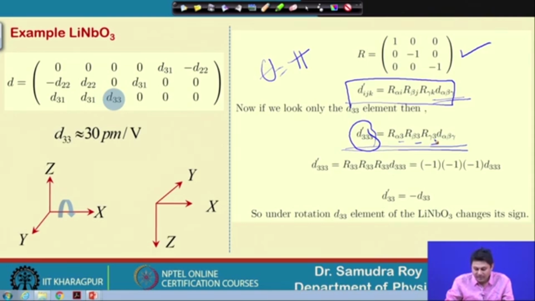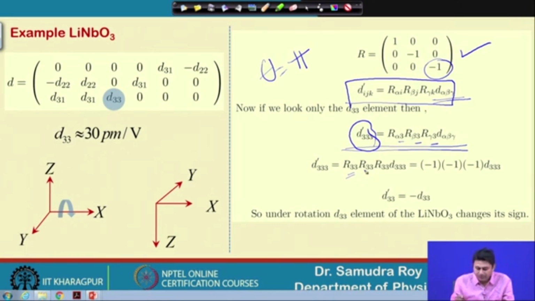So when I write R alpha 3, alpha has to be 3, because only the R33 coefficient is non-zero; all the other elements are 0. In a similar way, R beta 3 can also be represented as R33, and R gamma 3 is also represented by R33, because the other elements are 0.